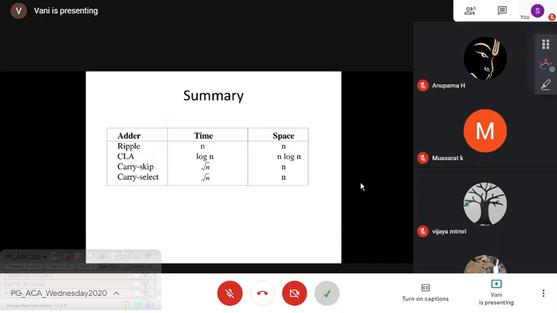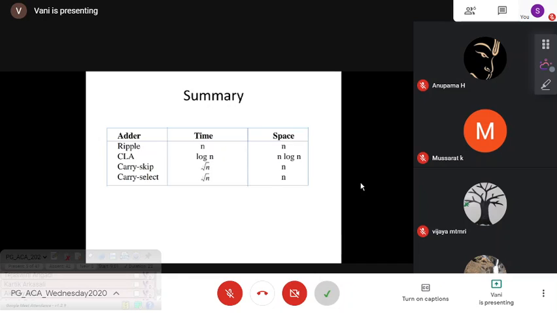Next, we will see the summary. For n-bit addition, ripple carry requires n time units and n adders, and CLA uses log n time and n log n space. Here we can see that carry skip and carry select use less time as well as the same space as the ripple carry adder.